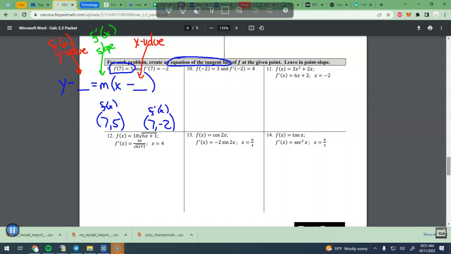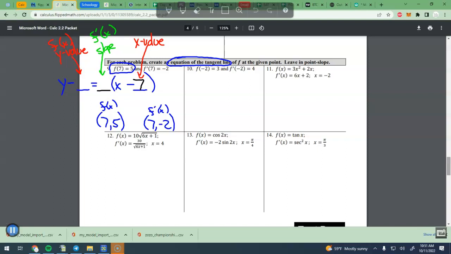So I might be making this more complicated because I'm trying to teach the issue with it also, but it's not that bad. So what's the x value of both those points? 7, it goes in that spot. M is your slope. Well, slope and derivative are the same, so when x is 7, what is the slope? It's negative 2 because that's the value of the derivative.